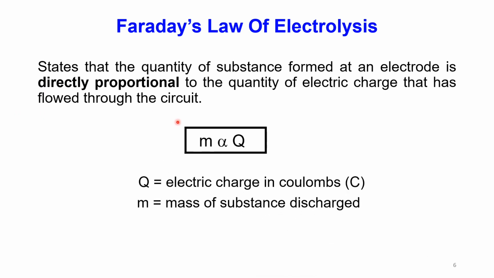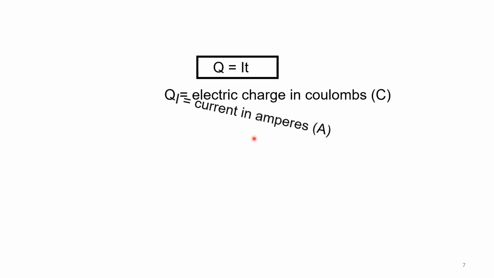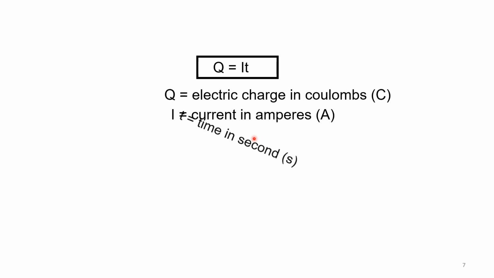So m, the mass of the substance discharged, is directly proportional to Q, the electric charge in coulombs. So how to calculate Q? Q is equal to I t. What is I? Current in amperes. t is time in seconds.